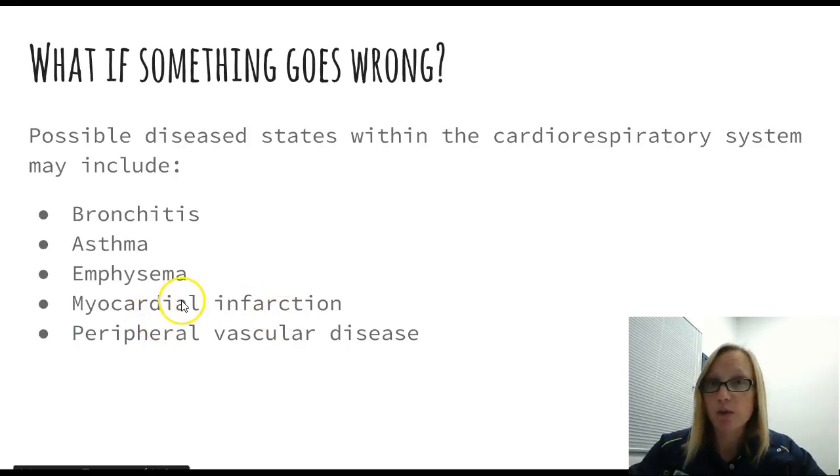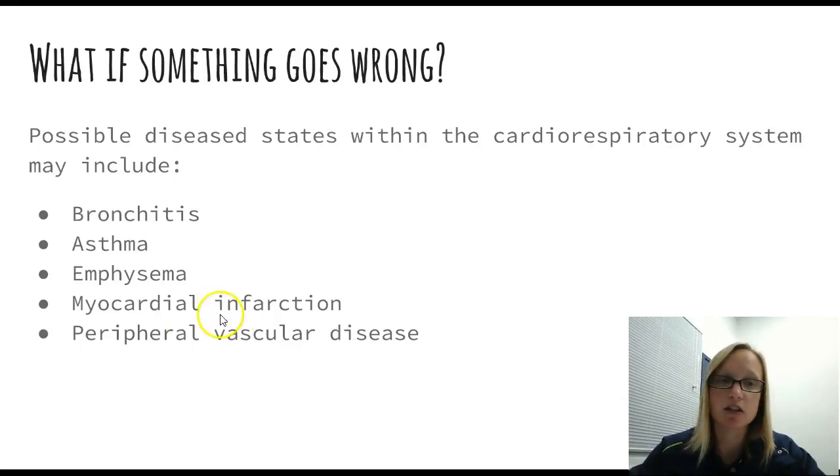Myocardial infarction, if you break that down, myo means muscle, cardial means heart, so heart muscle, and infarction is basically just a fancy way of saying you're having a heart attack. And that can be caused by a number of things, including a blood clot in a blood vessel of the heart, meaning that the heart doesn't receive enough blood in a certain area, and therefore that tissue will die, and often the heart will start to pump irregularly and eventually stop.